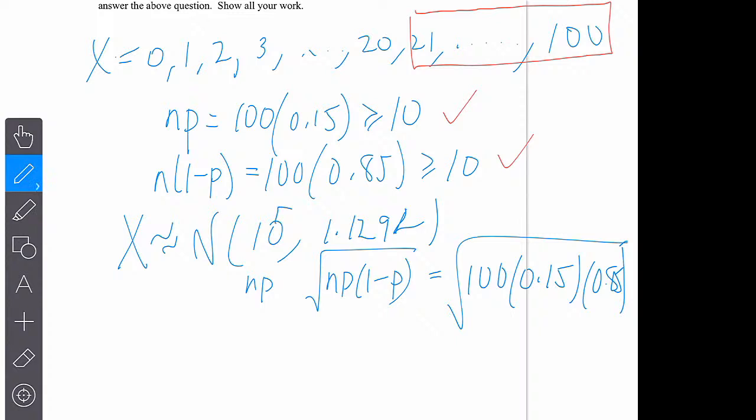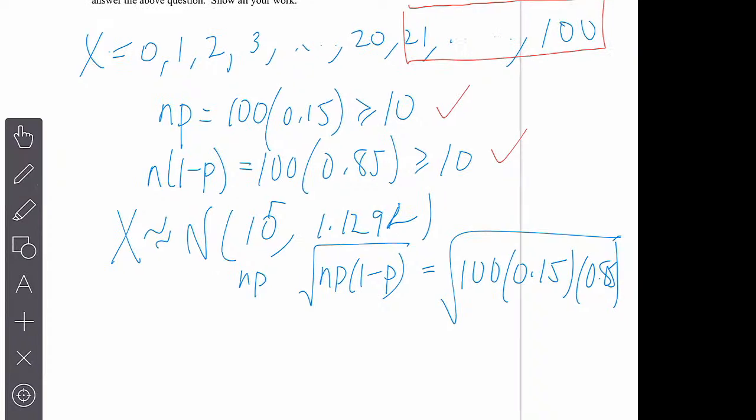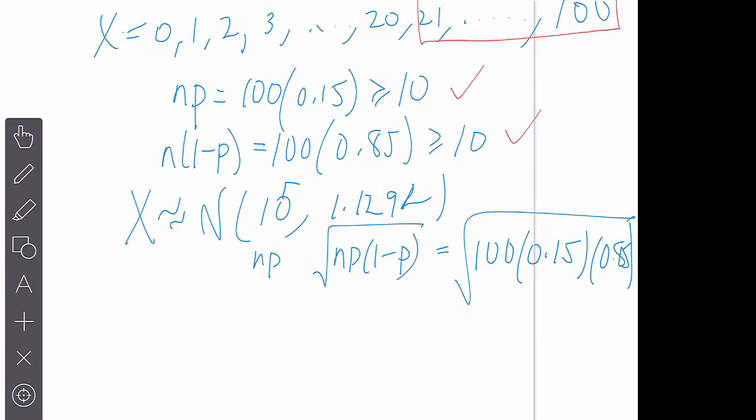Let me try this again: 100 times 0.15 times 0.85, square root.